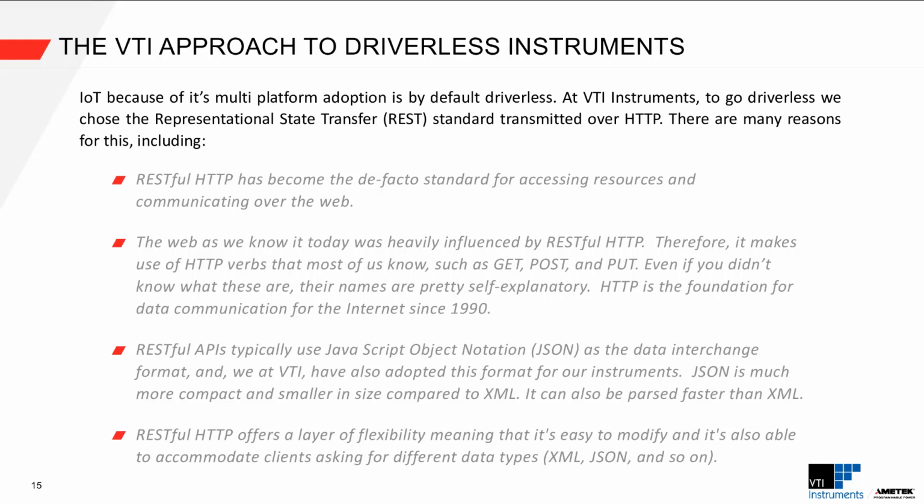It's been adopted as the standard because it is more compact, smaller in size, compared to the original XML type. And also because of that, it can be read and used a lot faster than XML. But RESTful HTTP is very flexible, so you can modify that, meaning that you can send and receive data in JSON, XML, and so on. And we'll look at that as we work our way through.